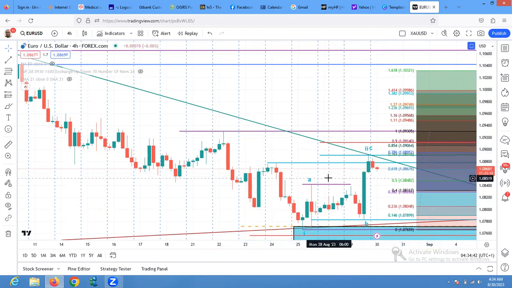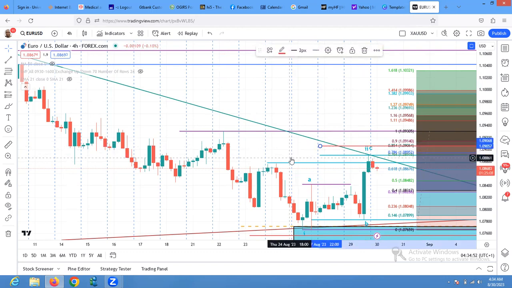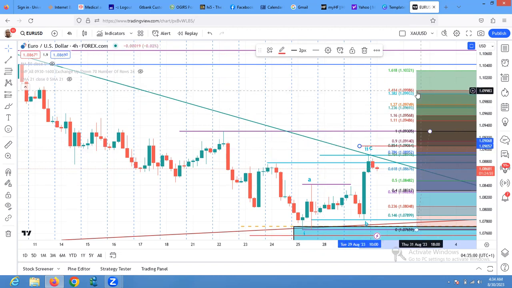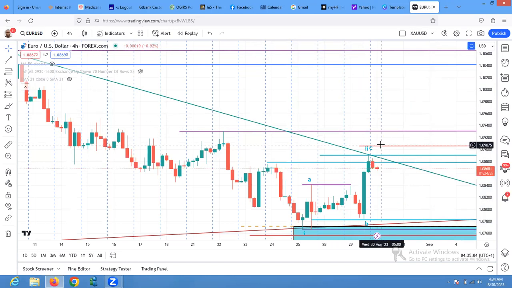So we can see that now. So where this one should not break is 85 now. So once we break out of here, then you should know that the structure is out. Price has no business breaking. It can touch the red area, but it has no business breaking out.